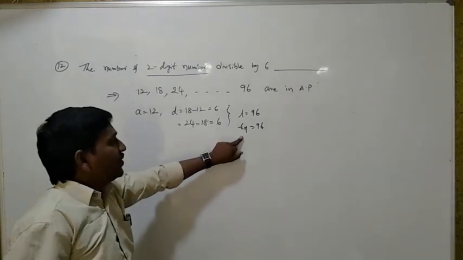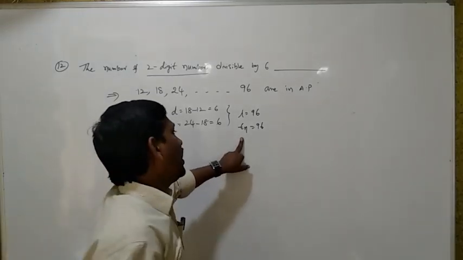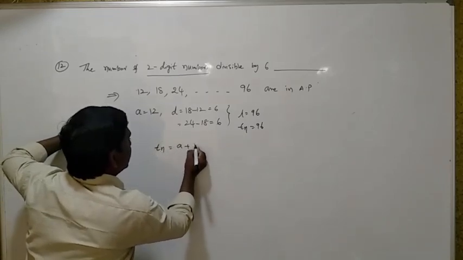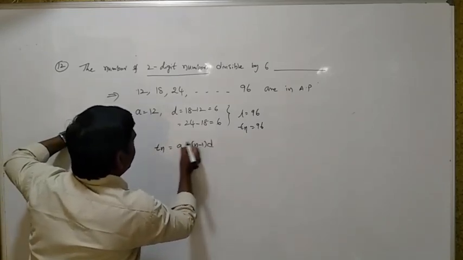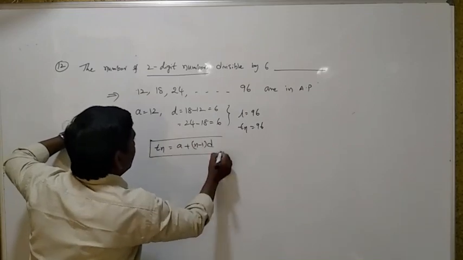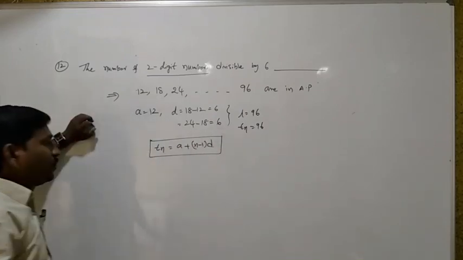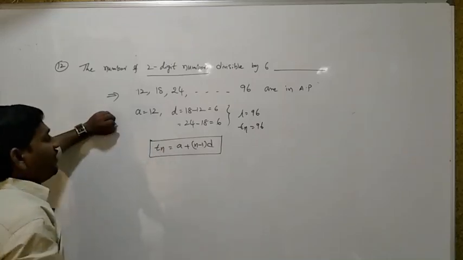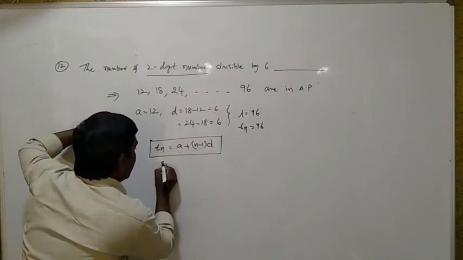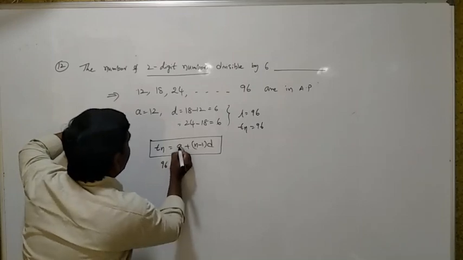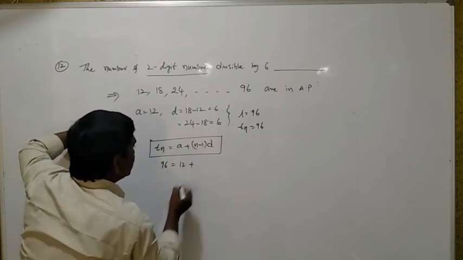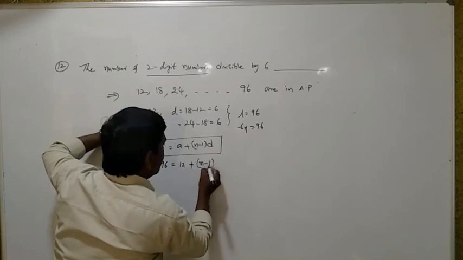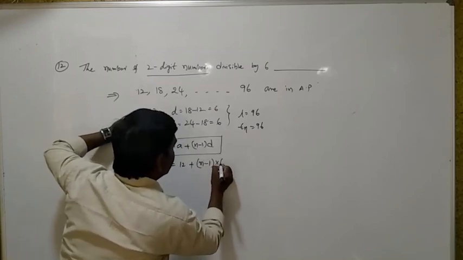Tn equal to the general form of AP: Tn equal to a plus n minus 1 into d. This is the general term of an arithmetic progression. Here Tn is taken as the l value. So 96 equal to a value 12 plus n minus 1 into d value 6.